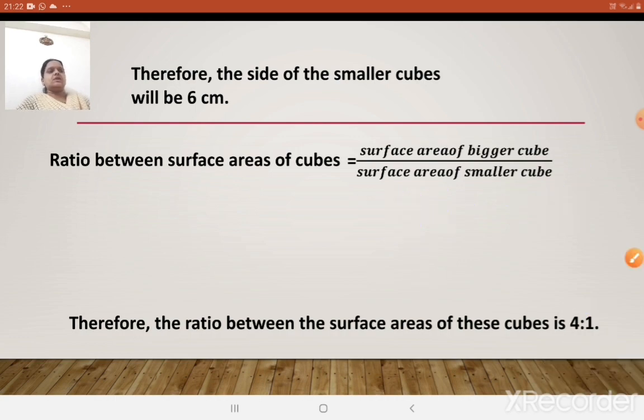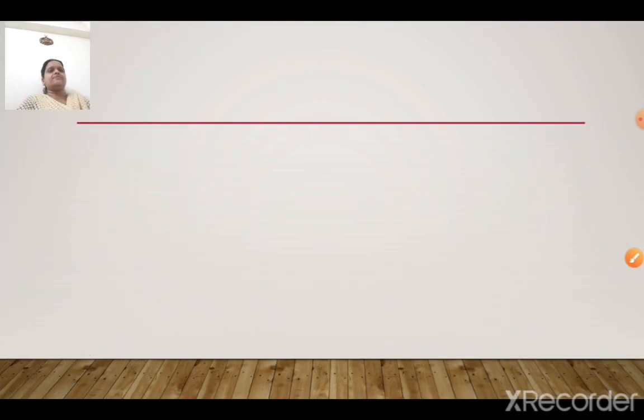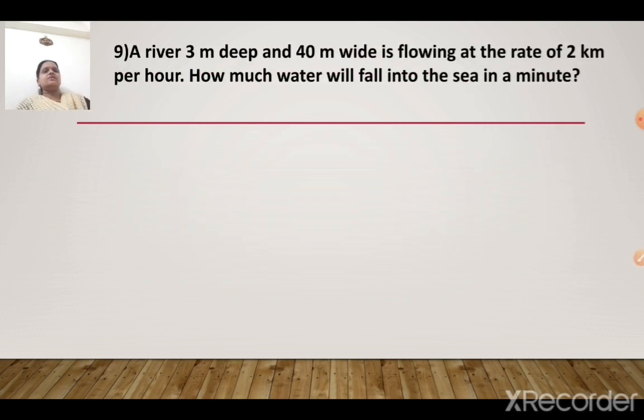Okay, let us continue with the next sum. A river 3 meter deep and 40 meter wide is flowing at a rate of 2 km per hour. How much water will fall into the sea in a minute? Now again, understand this sum first. The river is 3 meter deep.